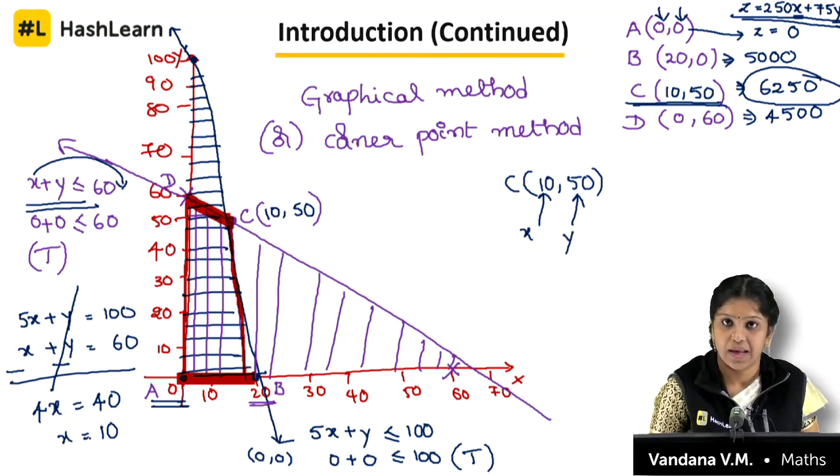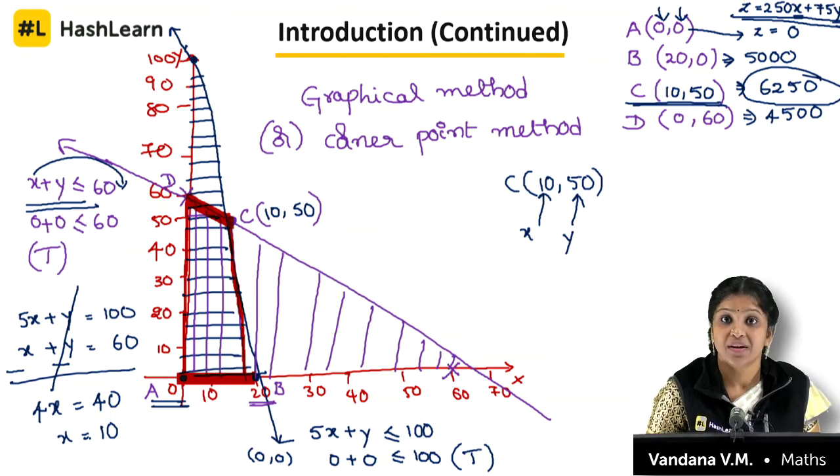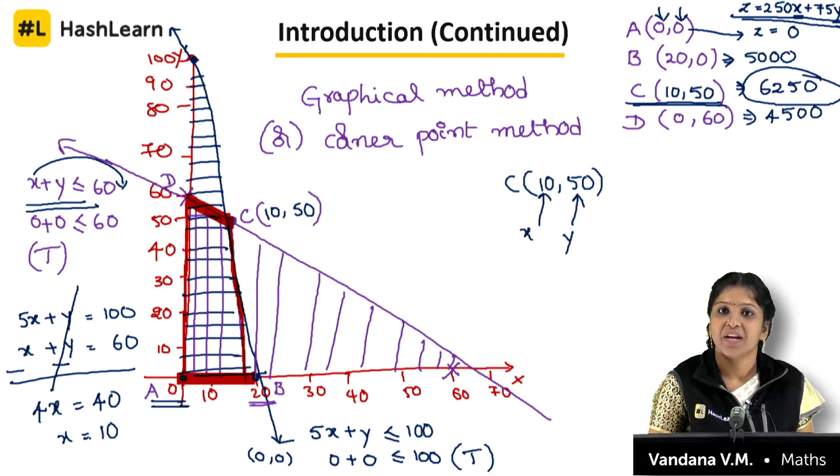What is x? Tables. What is y? It is chairs. That means to get the maximum profit, he has to buy 10 tables and 50 chairs. So then storage capacity also 60 and he can invest less than 50,000. Understood, right? Yes, point C is the maximum, correct.